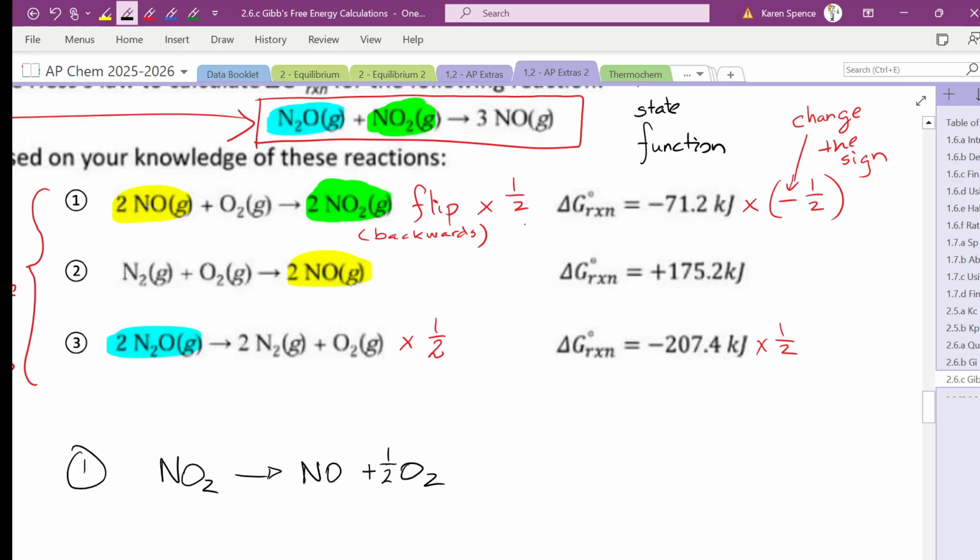There we go. And my delta G then is going to be 71.2 divided by 2, which is positive 35.6 kilojoules.